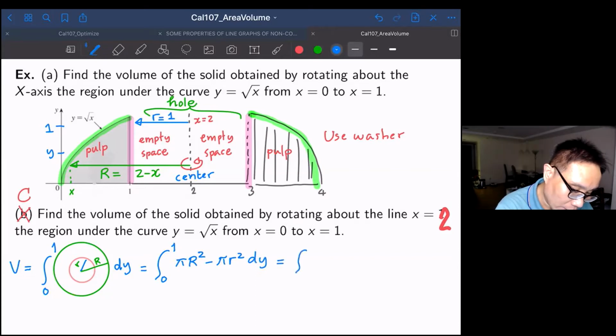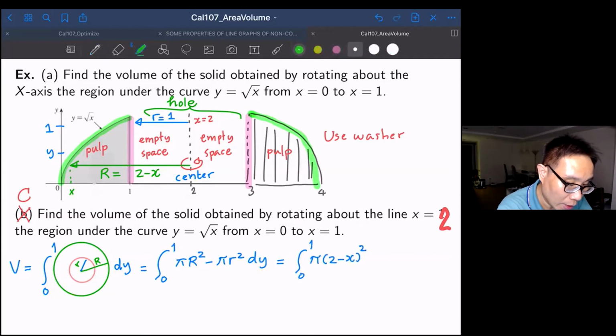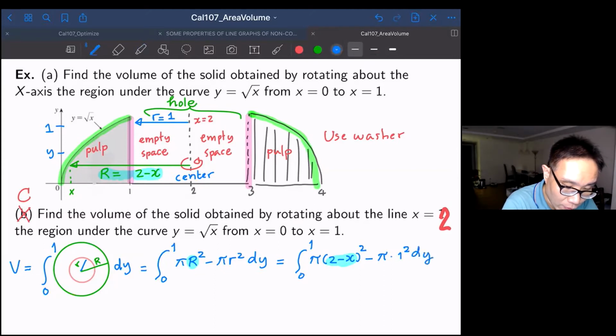So you're going to just plug in pi, and you have 2 minus x for your capital R. So you have your capital R, which is 2 minus x, and you subtract pi times your small r, which is equal to 1, so it's 1 squared. So this is r equal to 2 minus x, and you have this one is dy.